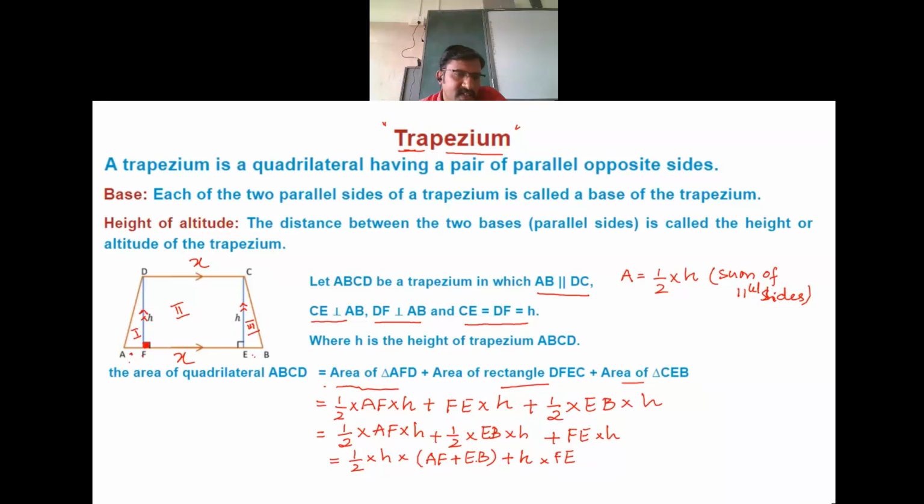Only these two parts are there. This also should be added up. How do we do that? Any idea? Can we get the sum of the parallel sides in any method?